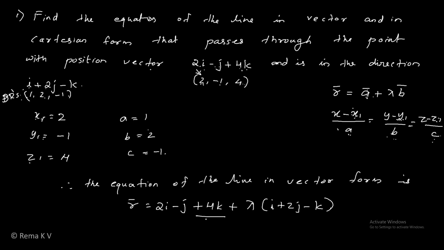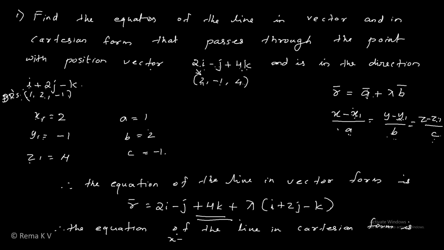So this is the vector equation, and now the equation of the line in Cartesian form is (x minus x1), that is x minus 2, by a, which is 1.